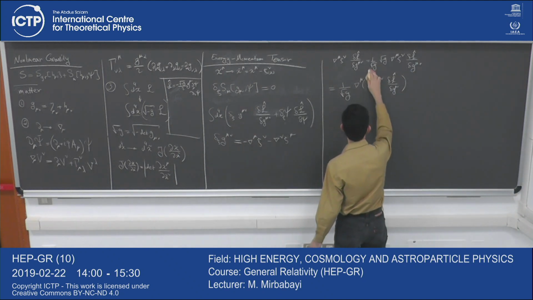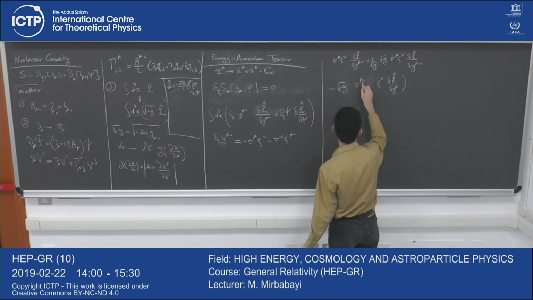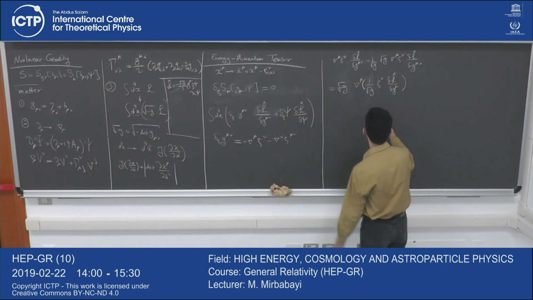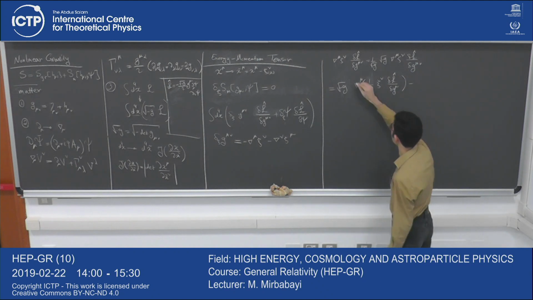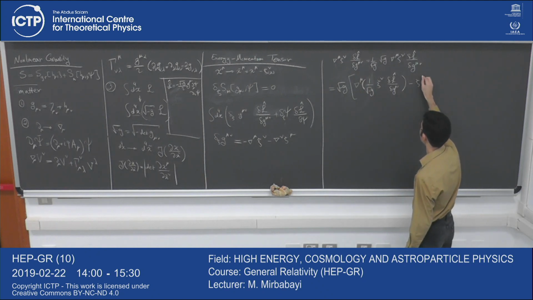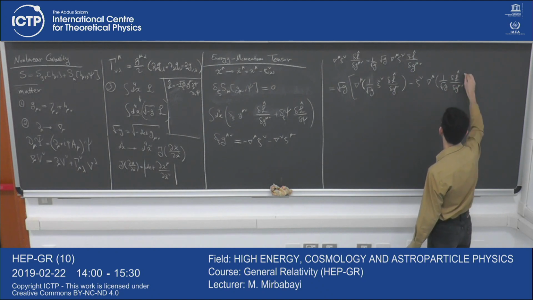I don't like it. Minus xi mu del mu of 1 over square root of minus g dL hat over dg mu nu.